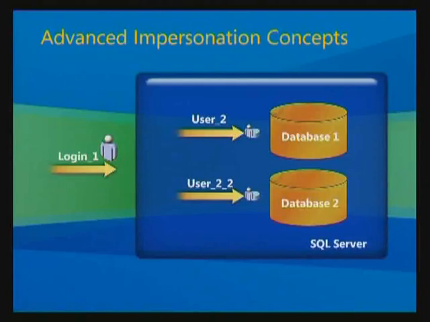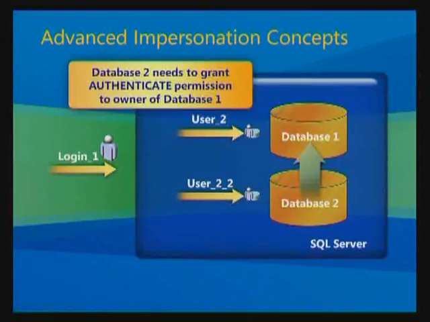So imagine you have this login coming in, and I want to have database 2 be able to reference objects in database 1. Now, database 2 and database 1 have to establish a trust relationship. So you want the DBOs in each database to take some explicit act to say, I want this trust to exist.